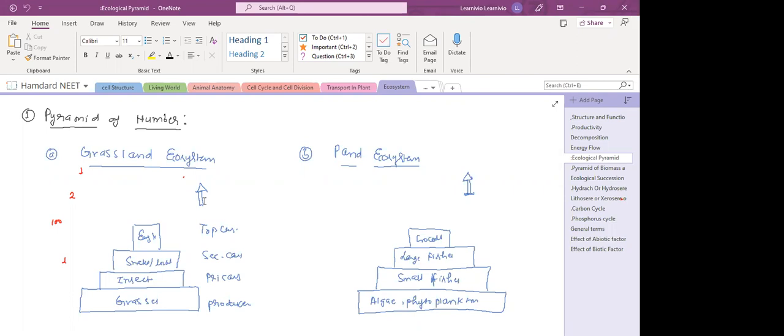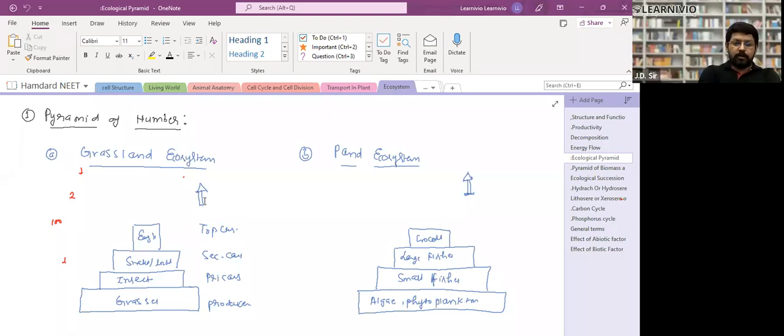In pyramid of number, we always count what? Count the number of organisms present at every trophic level.